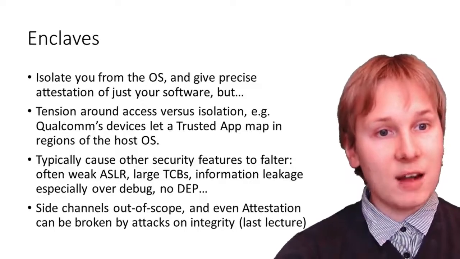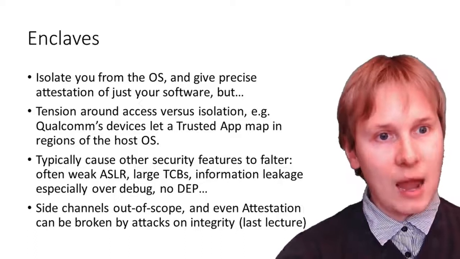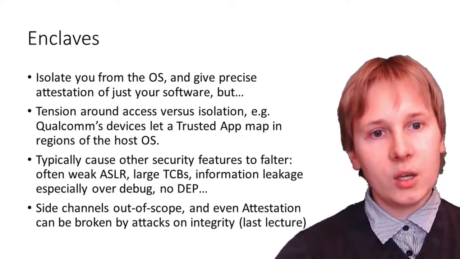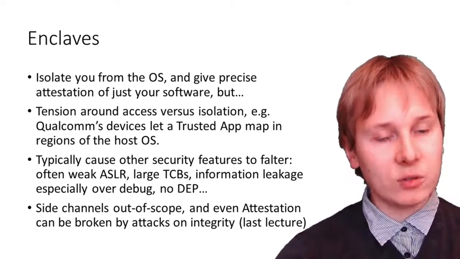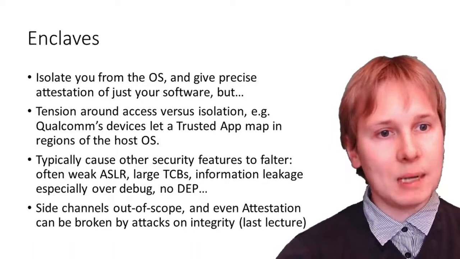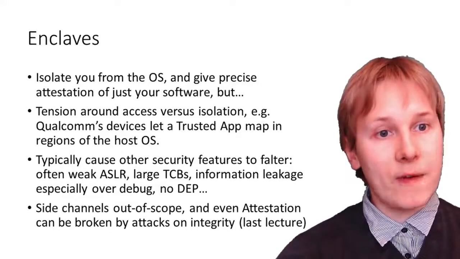You often get very large trusted code bases around the edges that you still have to work with and have to assume are correct even inside your enclave. You still get information leakage, especially over debug channels out of the enclave on what the enclave is doing. Now those are arguably bugs, but there's nothing in most enclave specs that prevents side channels.